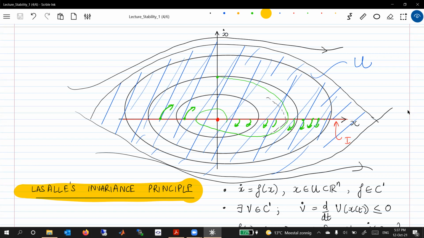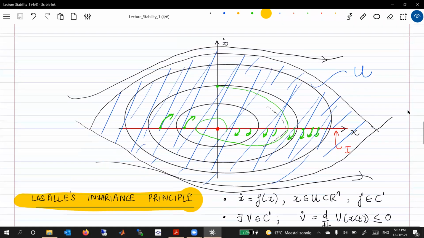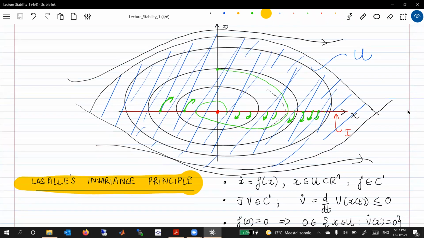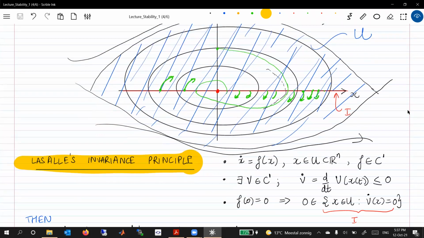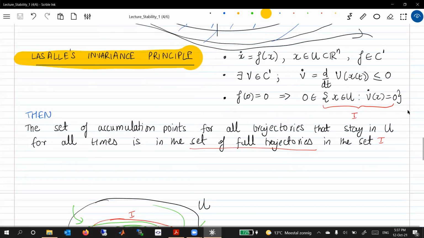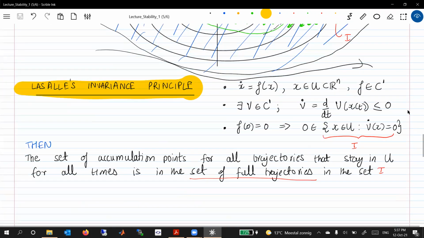But what can we say about trajectories which are far away? We can't say much. That would require some more concepts, and we'll get to talk about that later during this course, or probably in the second half of this course, where we'll discuss more about Hamiltonian systems.